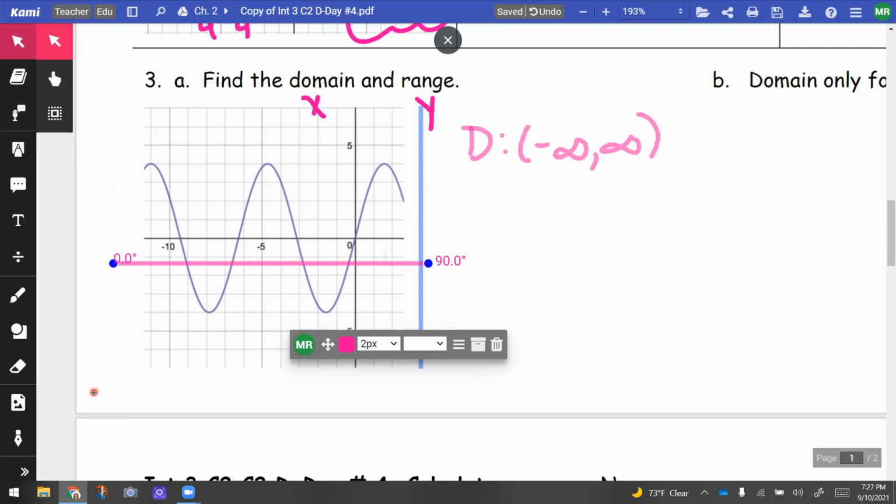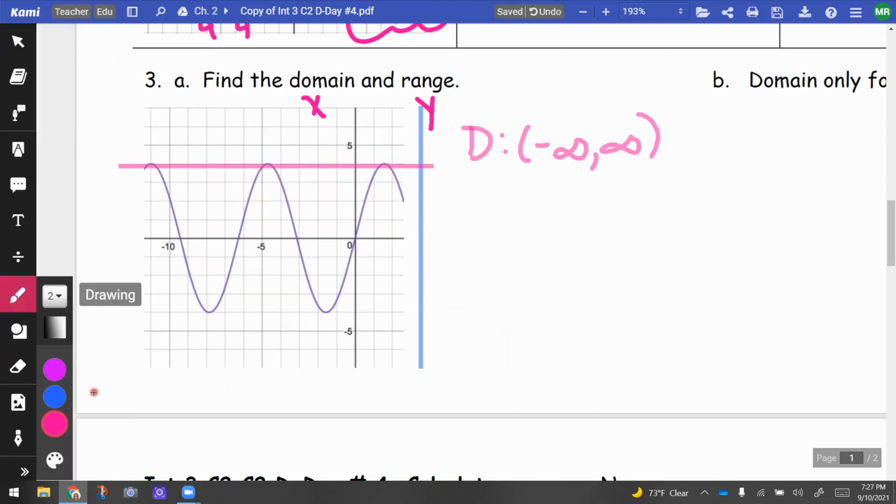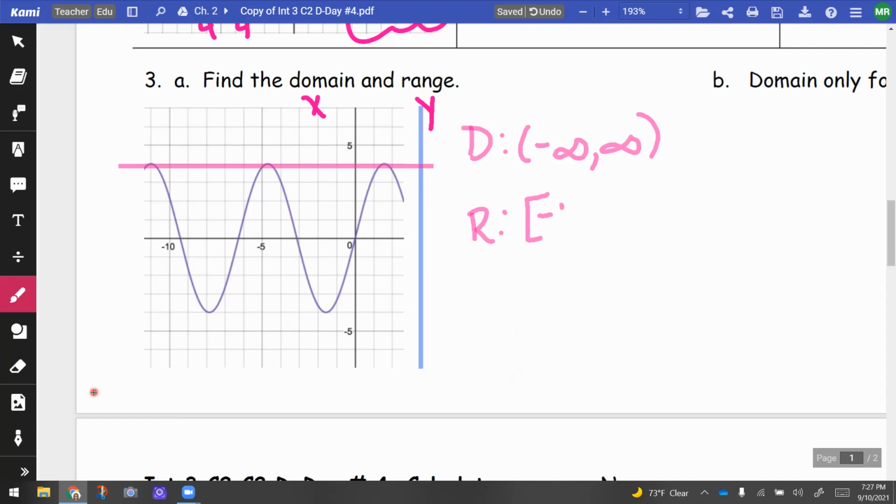So this is going to go down 1, 2, 3 to -4. And the highest it goes, 1, 2, 3, +4. From -4 to +4. And so this is going to be our range, close bracket, -4 to +4.